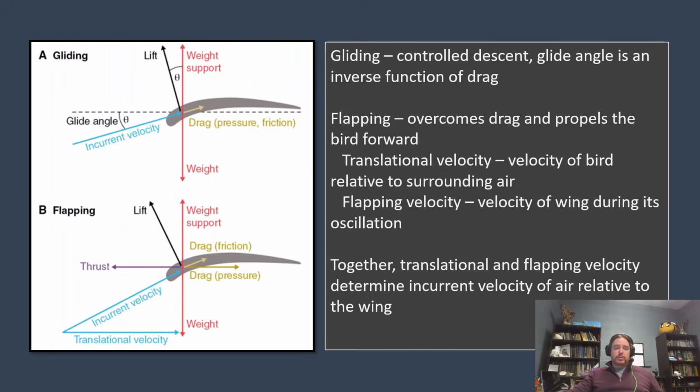The vertical component of this vector is supporting the weight of the bird. It's lifting the bird up. But then there's the horizontal component, and that horizontal component is thrust. It's the part of this lift that's created from flapping and translational velocity that drives the bird forward.